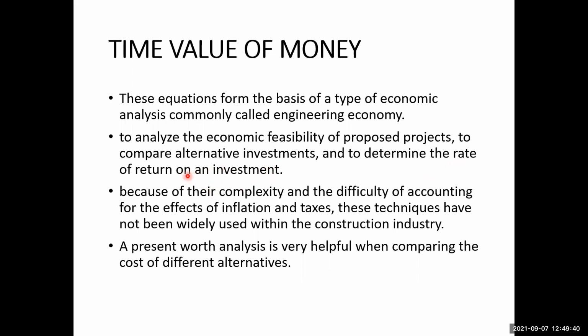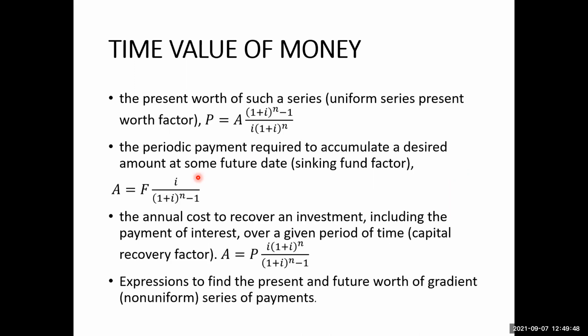So rate of return of an investment means it is actually finding the unknown interest rate. So for example, over here, if we use this equation or any other equation from here, if you don't know this interest rate from this equation, we can use the Excel function rate, and then that Excel function will calculate it.